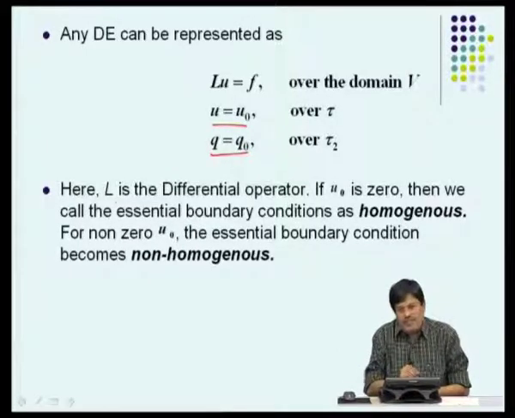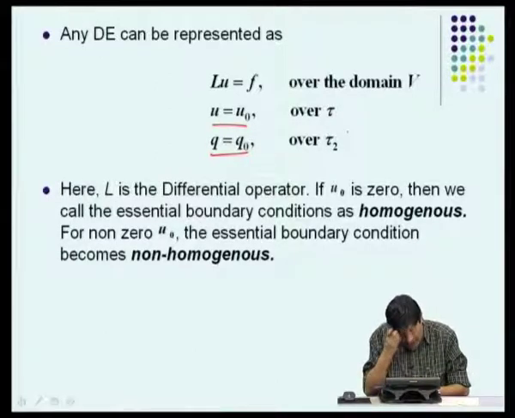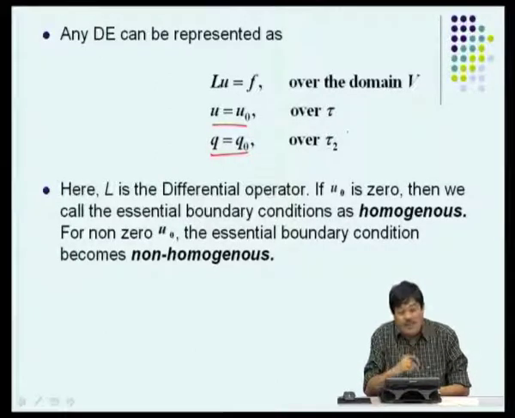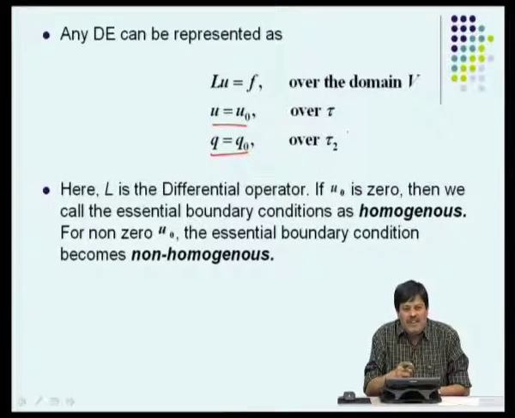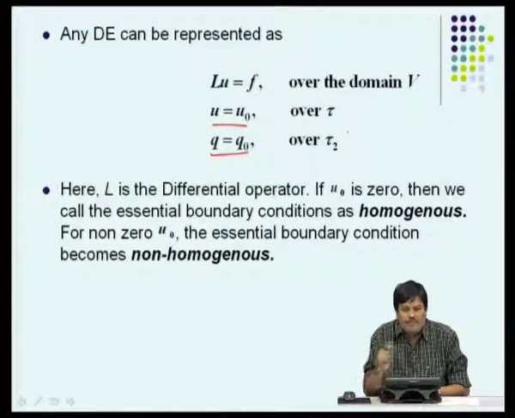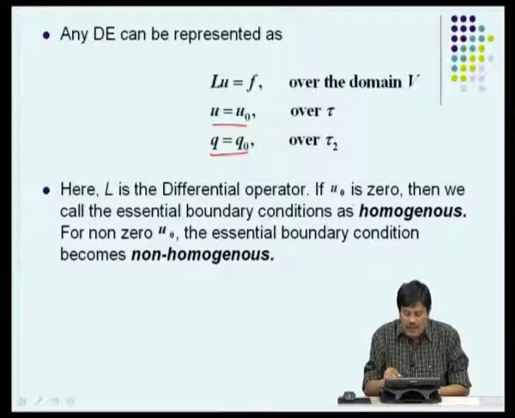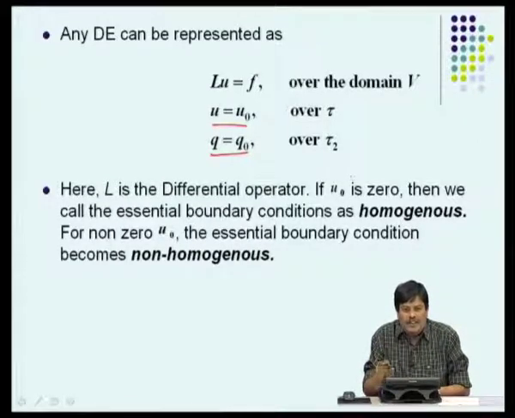L is a differential operator. For a beam it is d4 by dx to the power of 4, for a rod it is d square by dx square, and for many other things it could be something different. And u naught is the specified value over a domain tau. If u naught is 0, we call it a homogeneous boundary condition. If u naught is non-zero, it is called a non-homogeneous condition. So, the way you solve is totally different.